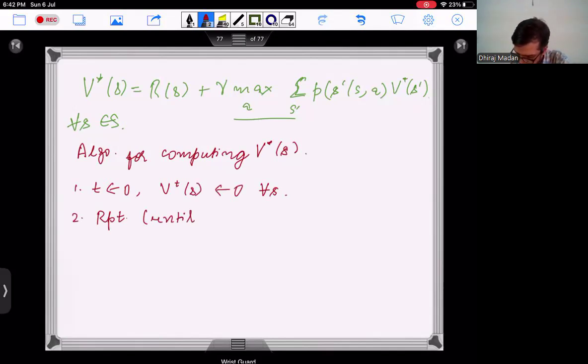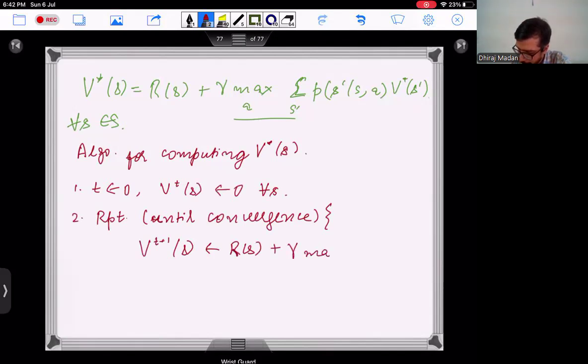So what are the steps we are going to repeat? V_{t+1} of S is R of S, the reward we get at the state S, plus gamma times max over A, sum over S prime, P of S prime given S and A, and V_t of S prime. And then we update the values.